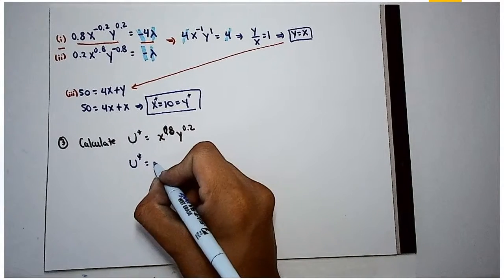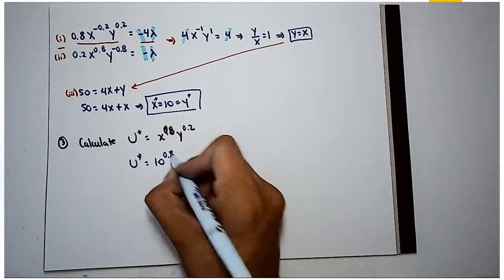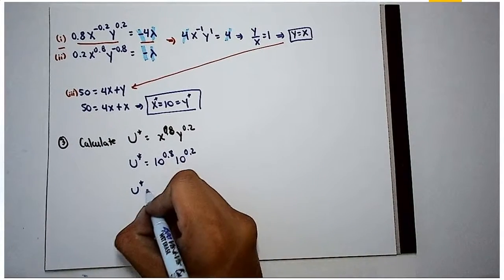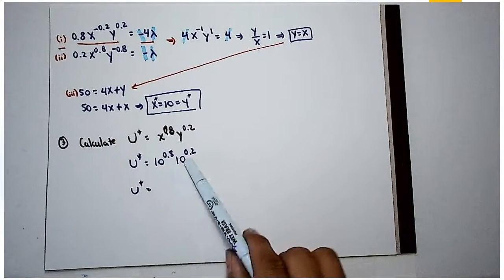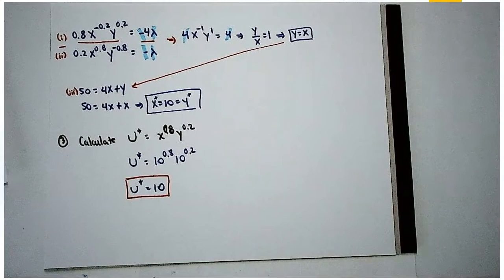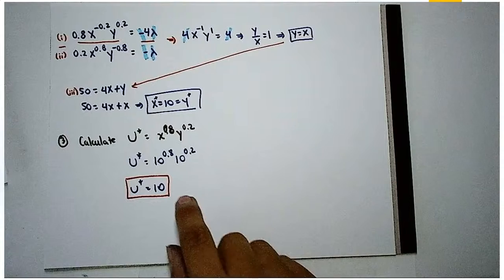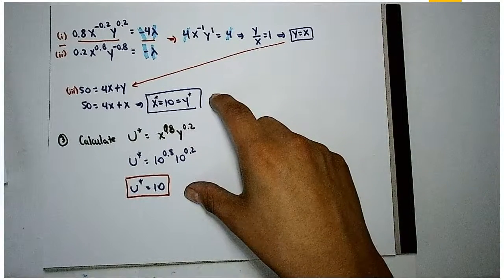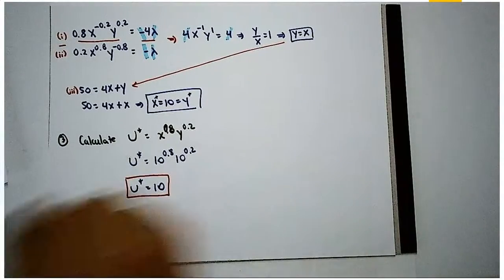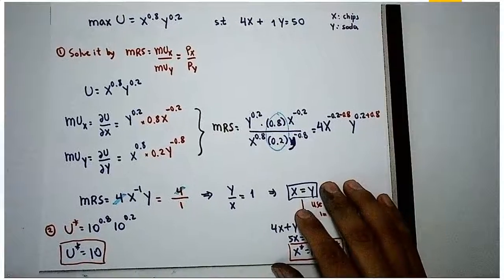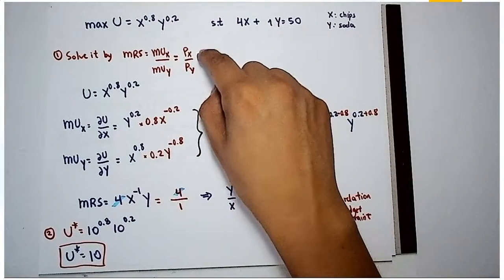So this is going to be 10 to the 0.8, 10 to the 0.2. And when you do that multiplication, you obtain that the optimal utility is equal to 10. And as you can see here, the utility and the consumption bundle were the same by using either the Lagrange optimization or the relationship of the marginal rate of substitution equal to the ratio of the prices.